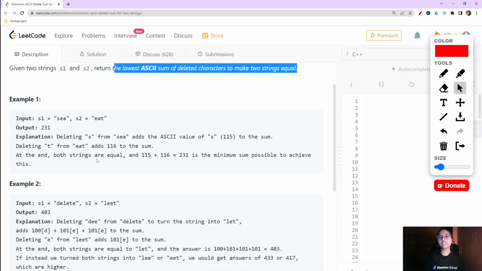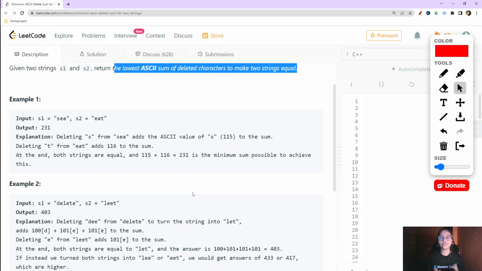At the end both the strings are equal, and 115 plus 116 equals 231, which is the minimum sum possible to achieve this. So this is what we would be doing in both of the strings given to us, deleting characters from both of them, and then adding them up.